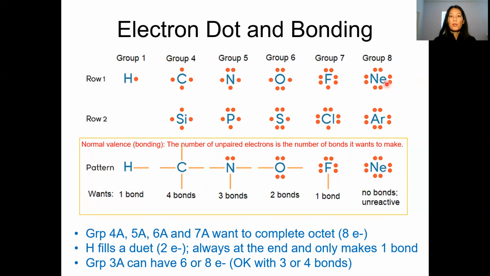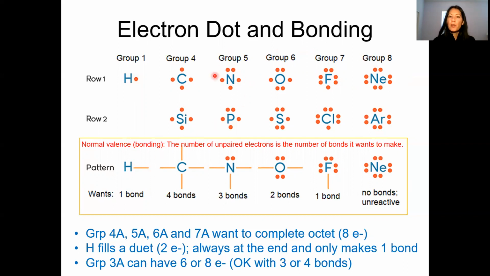We've already gone through electron configuration, but each group has its own outer or valence electron number. So for example, group 4 has 4, and we space these around the 4 sides of the atom. So it has 4 unpaired electrons. It'll want to make 4 bonds. Hydrogen only has 1 unpaired, so it'll only make 1 bond.